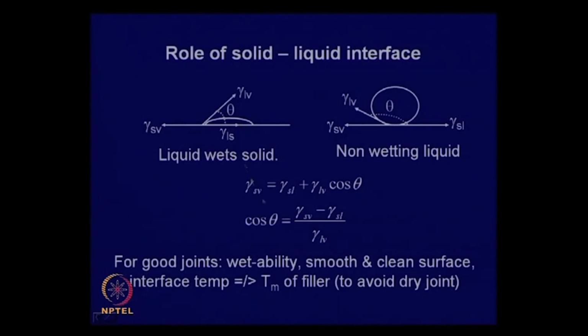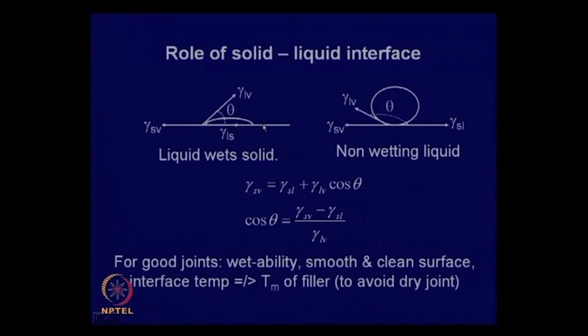Therefore, this wetting angle is a function of the surface tension ratios: the difference in the surface tension, solid vapor minus solid liquid, over gamma liquid vapor. Now, if this is low, that means theta is nearly equal to 0, then it has good wettability, and for good joining, what we need is a thin layer of molten metal between the two mating surfaces.